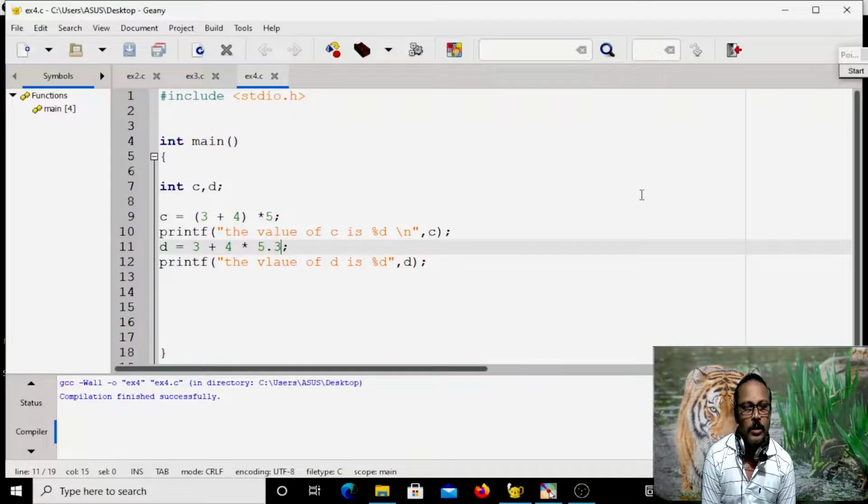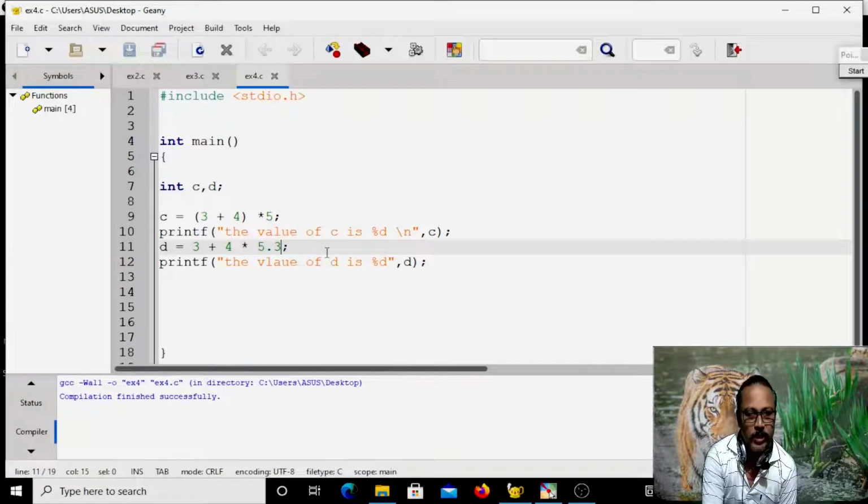No. 4 into 5.3 is 21.2. 21.2 plus 3 is 24.2.